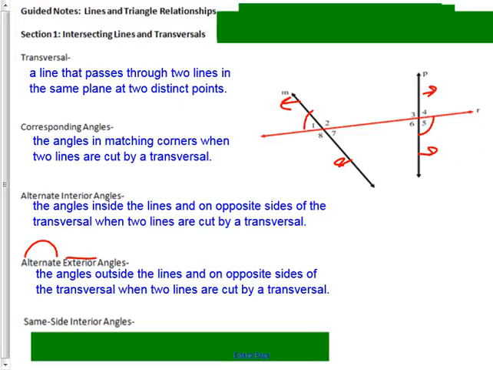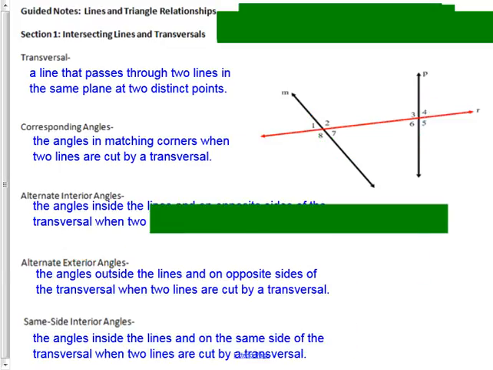Again, a more specific definition would be the angles outside the lines and on opposite sides of the transversal. Our other alternate exterior angles, 8 and 4. Again, they need to be outside of the two lines, on opposite sides of the transversal. Alternate exterior angles.